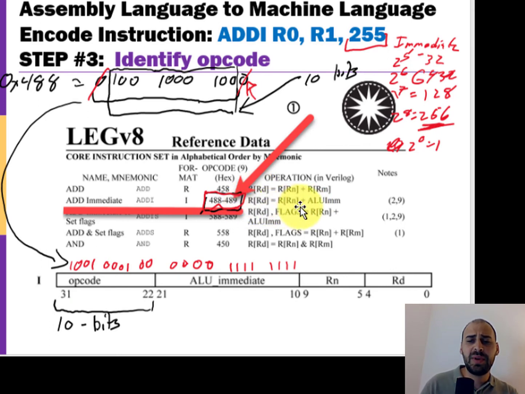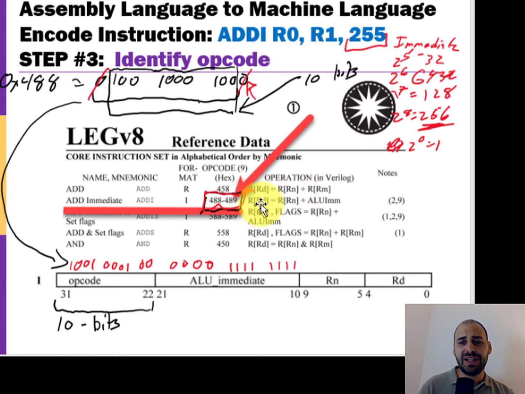So then when we look at this to figure out RN and RD, we really want to look at this documentation to make sure that we're using things correctly. Notice that the RD register is the one that gets written to, where RN is the one that's being read. We can tell this by looking at the documentation.